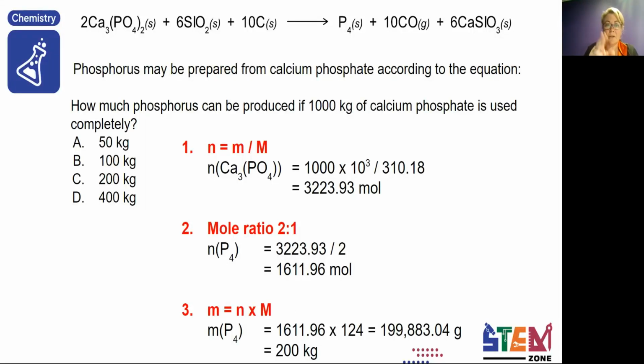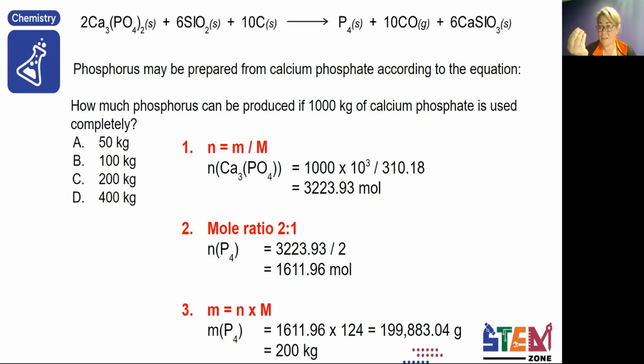I have not, even though I've been given a mass here of calcium phosphate, I haven't related that directly to my mass of phosphorus there because, you know, it's mass. I'm trying to find a mass, all masses, but remember they weigh different amounts. Calcium phosphate has oxygen, it has calcium in there that's contributing to the mass. This phosphorus over here is just phosphorus.